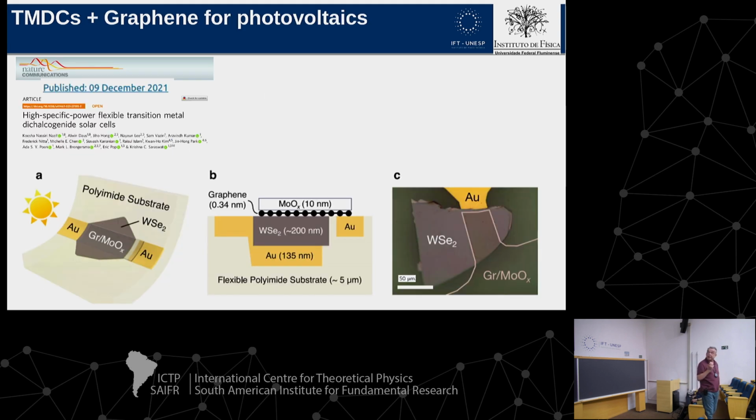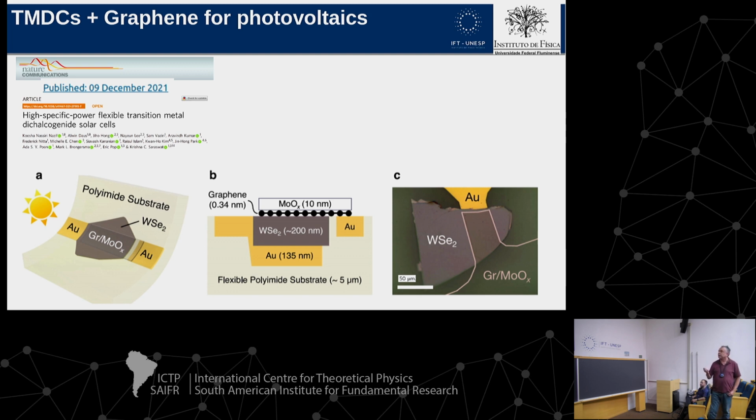Another example that I would show you is flexible solar cells. So here it's different, because here they don't have a type 2 heterostructure. Here they actually have a semiconductor and a metal. They have graphene. So this is a Schottky barrier. They use the Schottky barrier to separate electrons and holes in this kind of system.